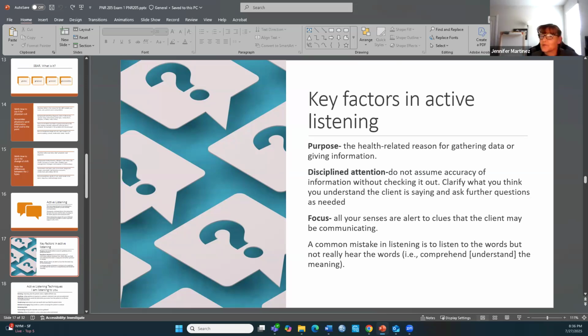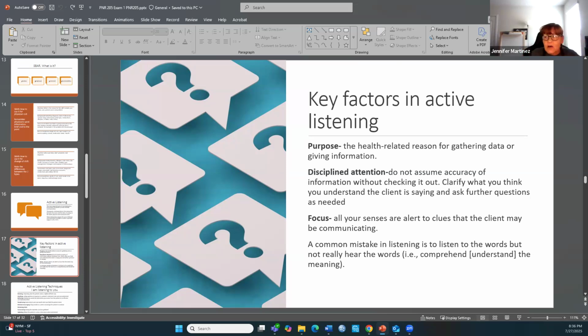This is really important because how many of us, when we're listening to someone talk, start writing grocery lists in our head or thinking, oh my God, I really got to get to Mrs. Jones' room because I told her I'd be back, and Mr. Smith won't stop talking, right? So it's really about disciplined attention, being in the moment with that client.